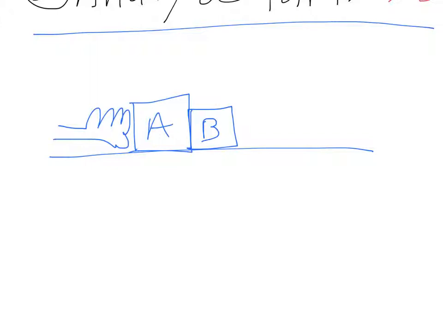There are some things we know about this. If A is accelerating, then B has to be accelerating the same because they're attached to each other. We also know that there is a force that occurs in between these two, which is a Newton's third law force. A will push on B, which will get B to move, but B is also going to push back on A, eliminating some of the force that the hand is putting on A.